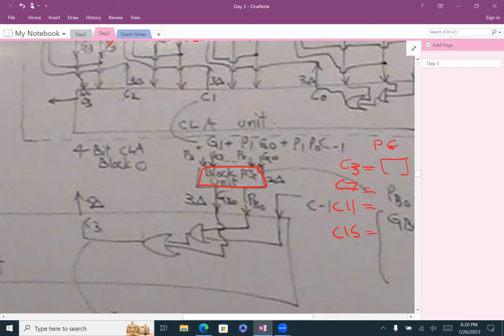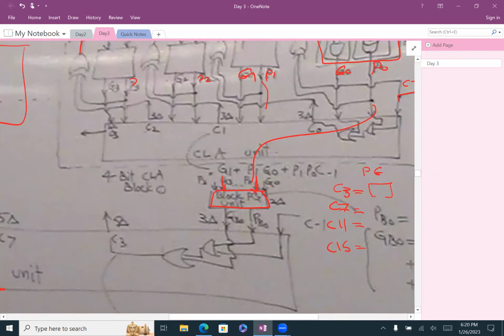Perfect. So in this equation, what are we using here? B's and G's, correct? Which means your inputs are coming here. You will have all the B's from the 4-bit, correct? And you will have the G's coming from all the bits, and based on this equation, we will find the GB0 or the PB0, correct?